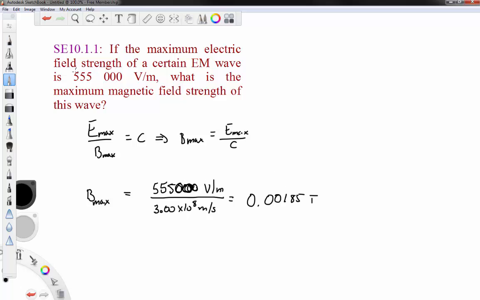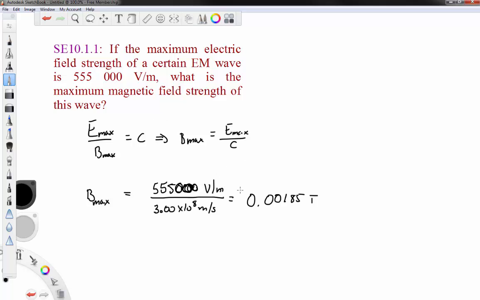So yes, the magnitude here for the electric field looks enormous compared to the magnitude for the magnetic field, which looks tiny. This is not because the electric field is much, much greater than the magnetic field. It's just because they have different units.